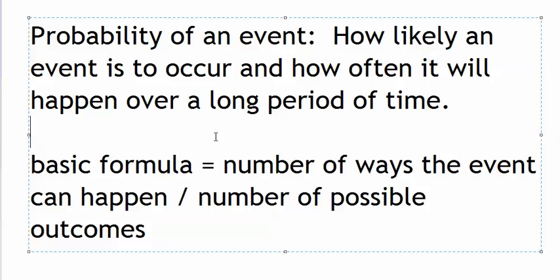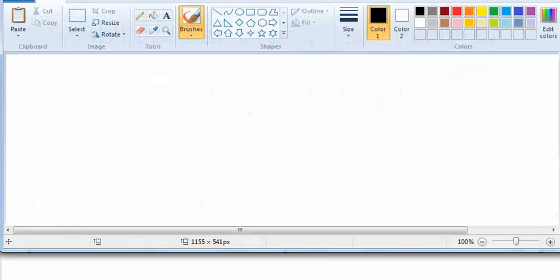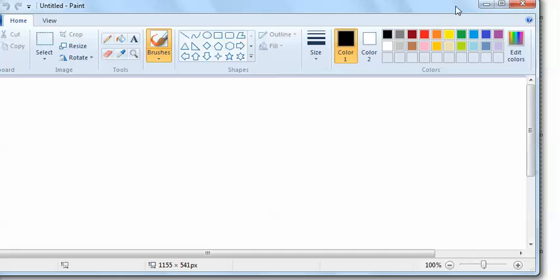Let's see right here. We have a jar of marbles right here: three red, two green, one blue.